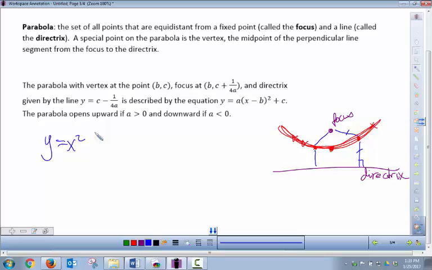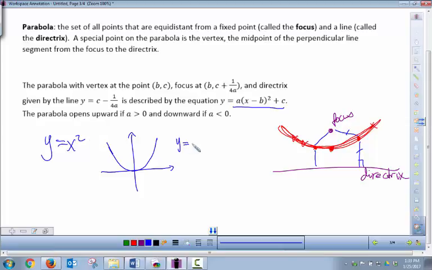So if this is your parabola, it has those special elements: it has the focus and it has a directrix. So we should be able to find the focus and the directrix of this parabola. If I rewrite this in terms of a times the quantity x minus b squared plus c, and figure out what a, b, and c are, then I should be able to find that information.